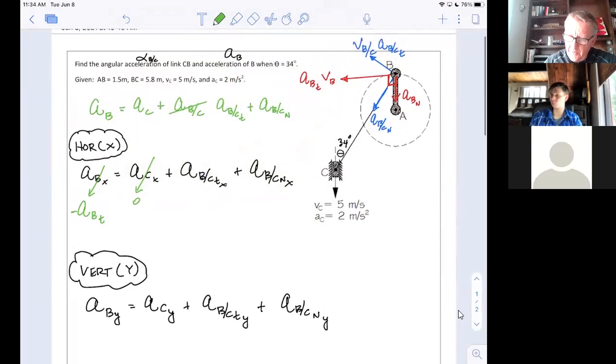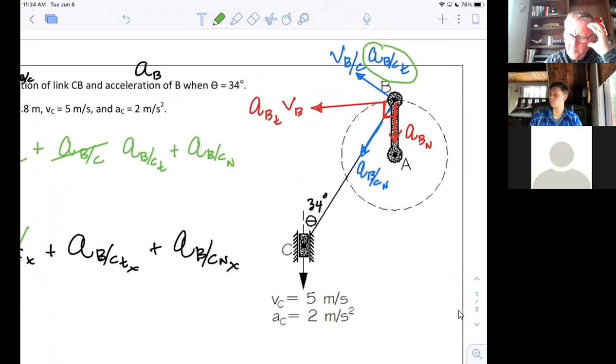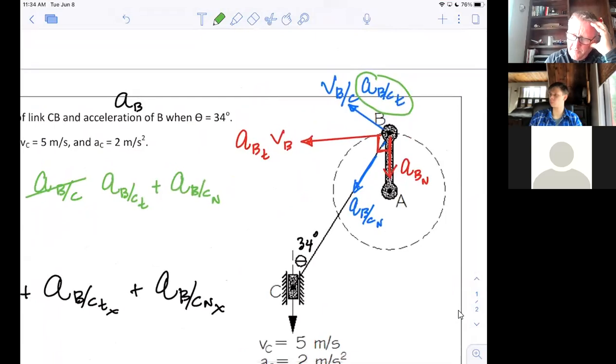Well, take a look up here at this acceleration of B with respect to T. Well, notice it is at an angle. Question is, what angle is it at? I won't belabor this point much, but if you think about it a bit, that's actually going to be 34 degrees as well.